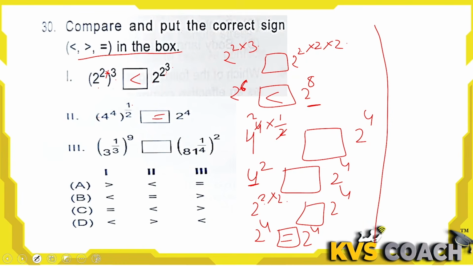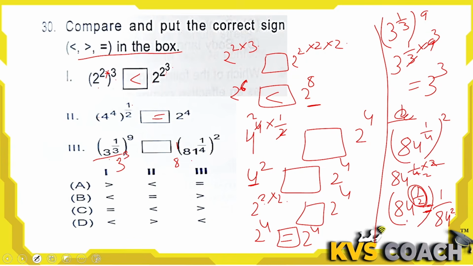Got it? And here 3 to the power 1/3 की पावर 9. Okay, and second is, so I will solve it first here. So 3 to the power 1/3 into 9 that is 3 3s are 9. The value is 3/3. This value is equal to 3, and 1/81 का square. Okay, so this is fraction mode and this is whole number.